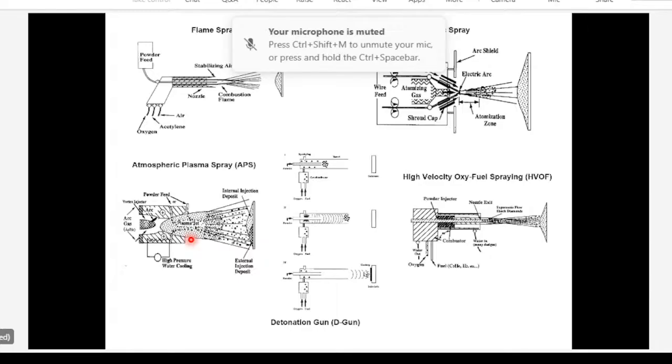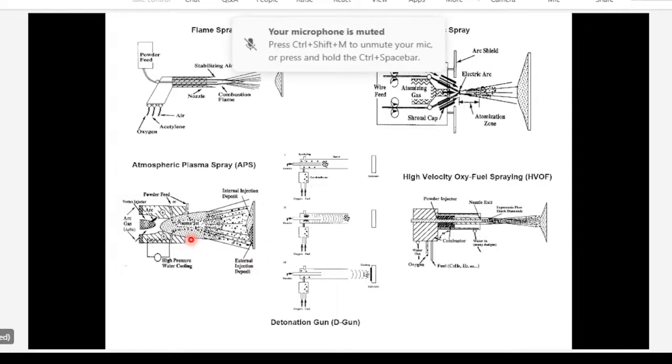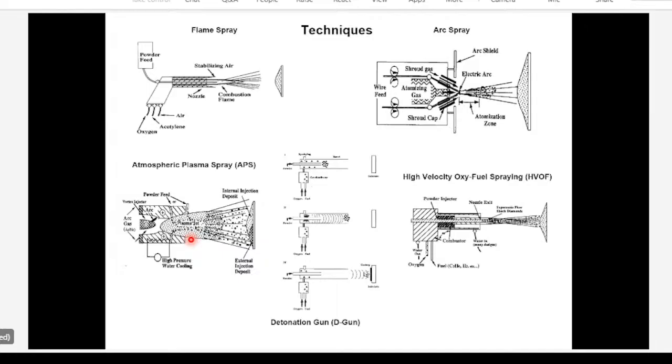And if you want to deposit silicon carbide coatings on a surface using an oxyacetylene flame, you cannot do that because the flame temperature may be about 4,000 degrees. And if you put silicon carbide powders in the flame at 4,000 for a microsecond, they won't melt. So you really need plasma gun or some very high temperature system. So plasma spray is used.